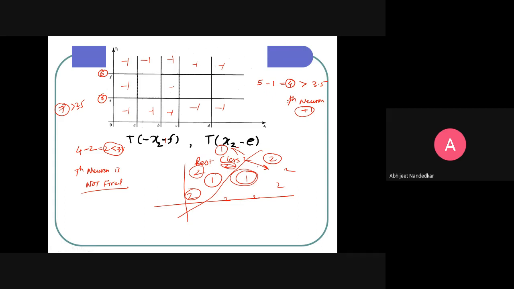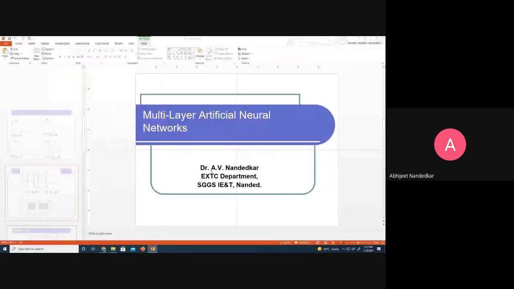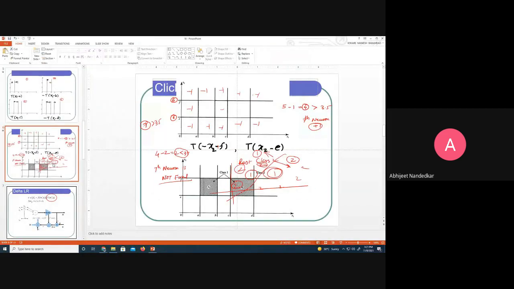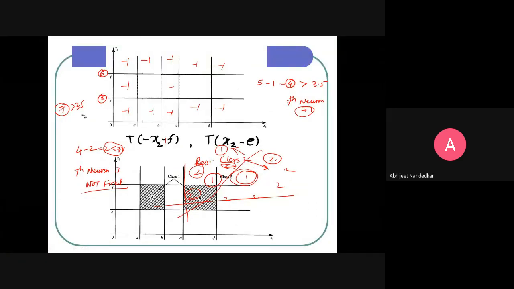We have to have a solution such that our implementation can handle, say, nonlinear data. So this is the final solution.